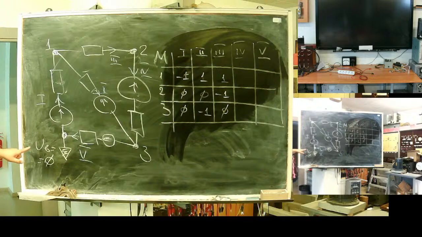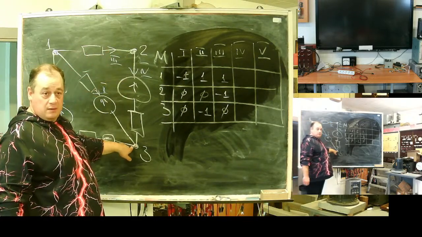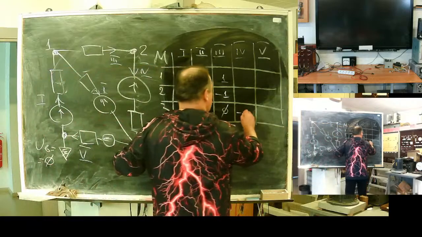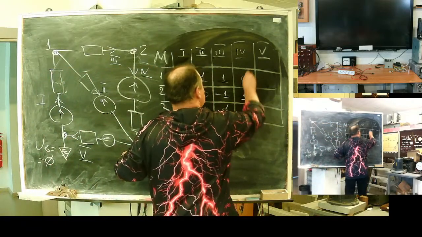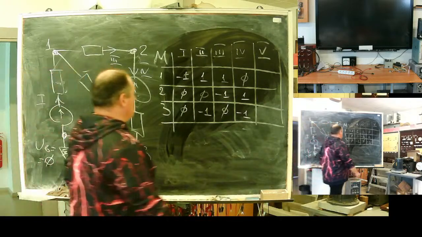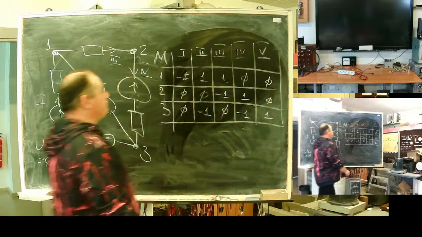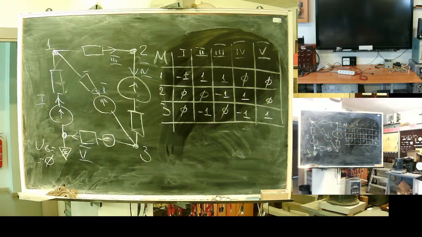Number 4, where are you? Here is number 4, from 2 to 3, yeah? So here -1, here 1, here 0. And number 5, from 3 to base. So here 1 and 0, 0. I don't have a row for the base node. I don't need it.